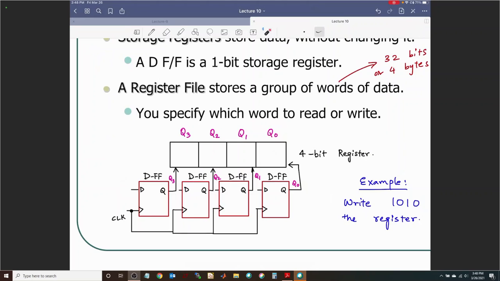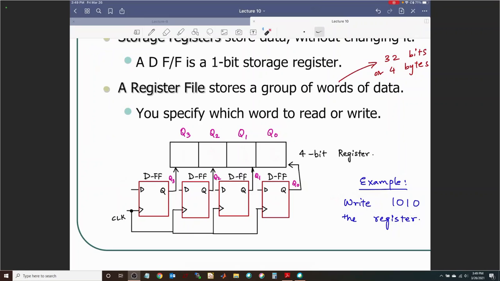So for example, if I want to write a 1010 value into this 4-bit register, what should I do? I have 4 D flip-flops that are positive edge triggered. I actually need to follow a few steps, not just one.